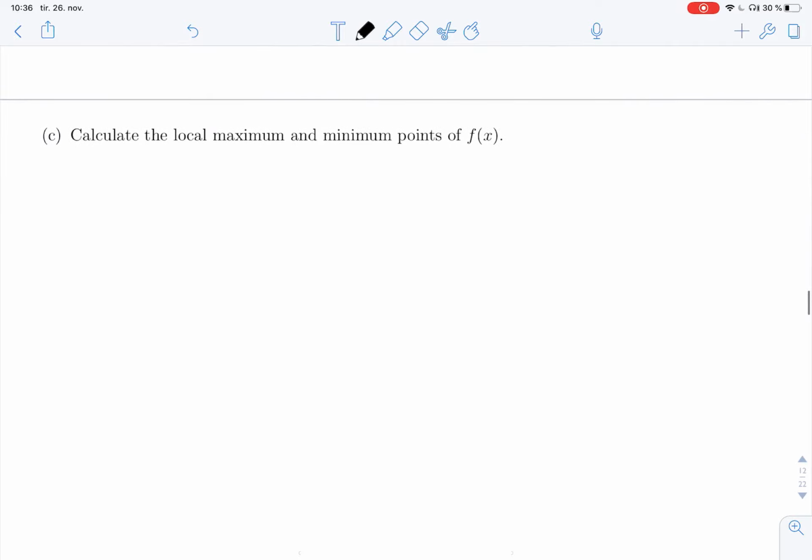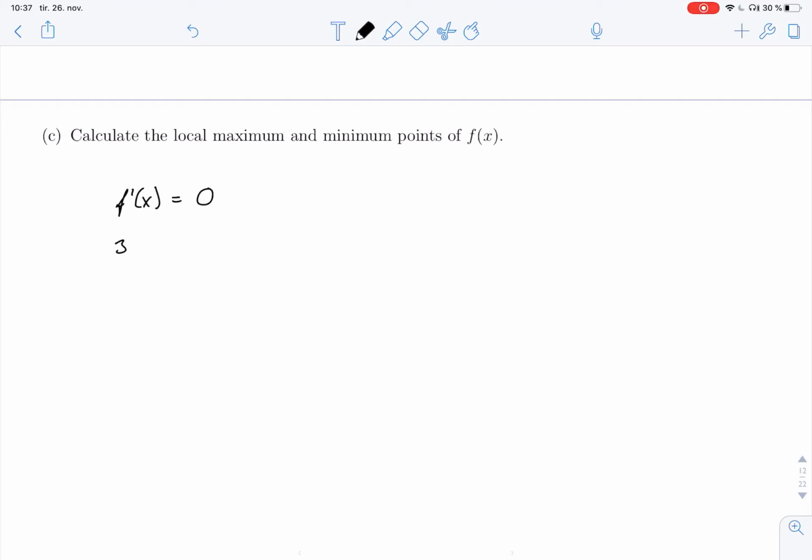In C, we want to calculate the local maximum or minimum points. And the local maximum and minimum points are found where the derivative of f equals 0.